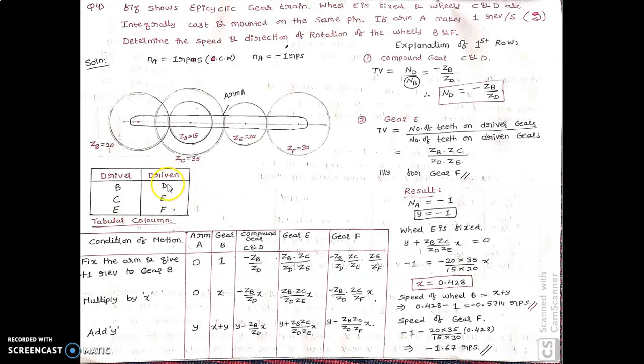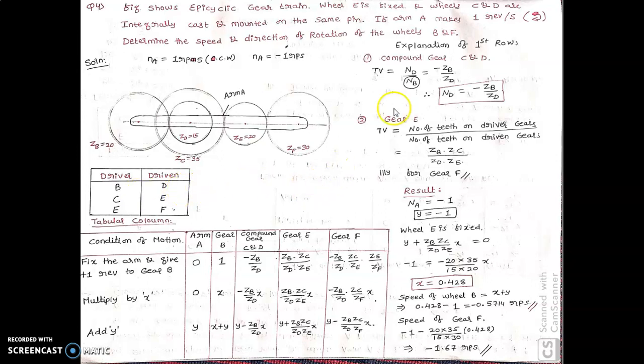One more thing: in the first row, you can take C as a driver and D as a driven, because it will get cancelled in the later steps. That's why I have not considered it. You can even take, in the second row, C as a driver and D as a driven. That is also possible.